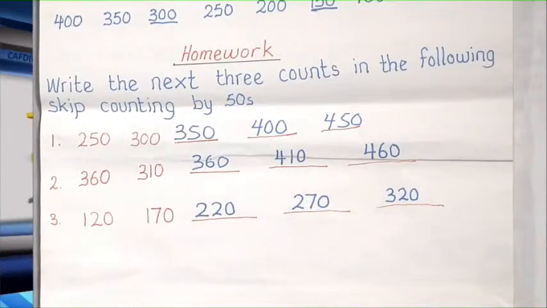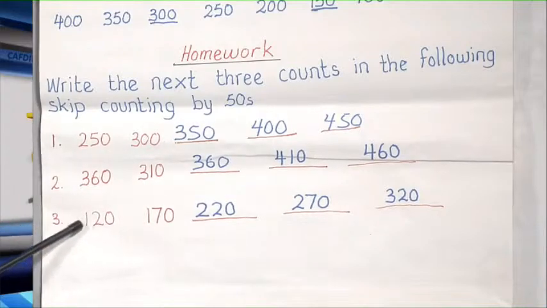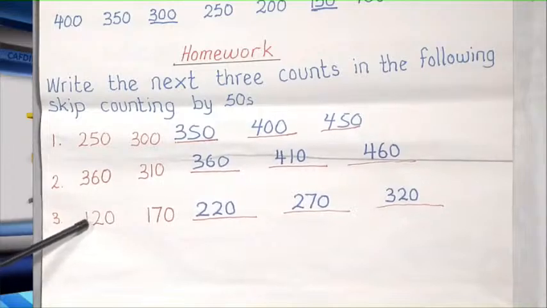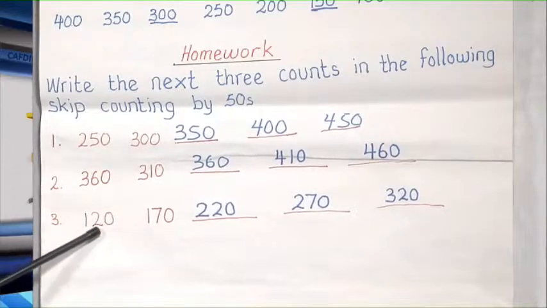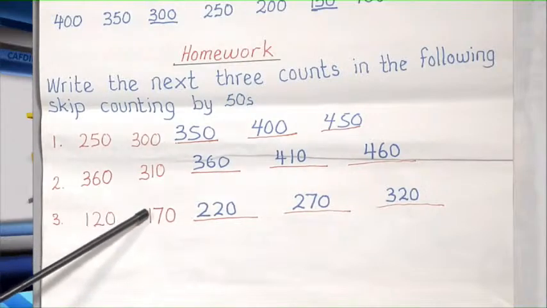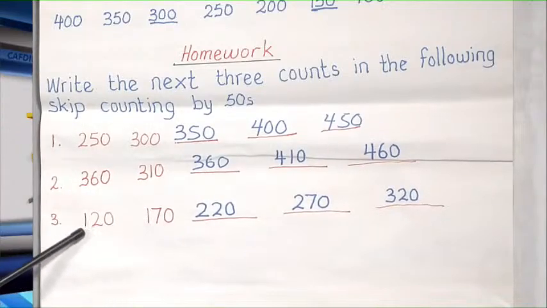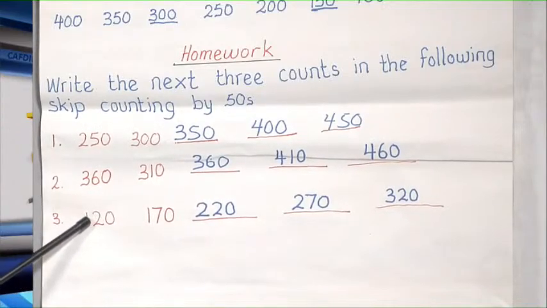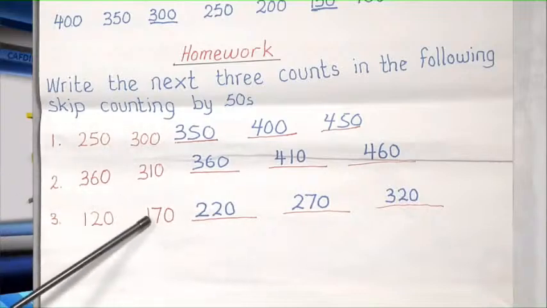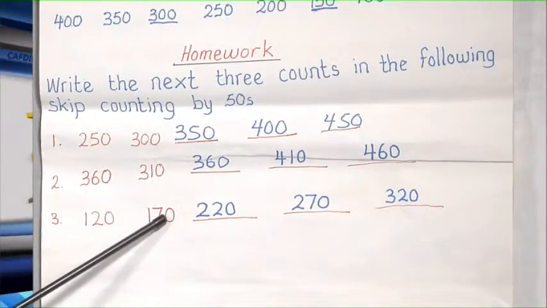Let's come to the third one. The first number was 120. We were fortunate, we were lucky. The next number was given to us, 170. So it means that 120, they added 50 to it to become 170.